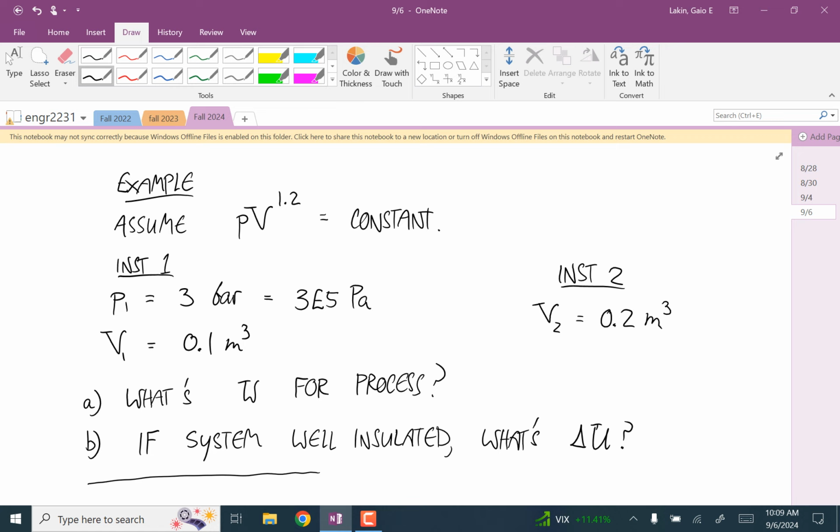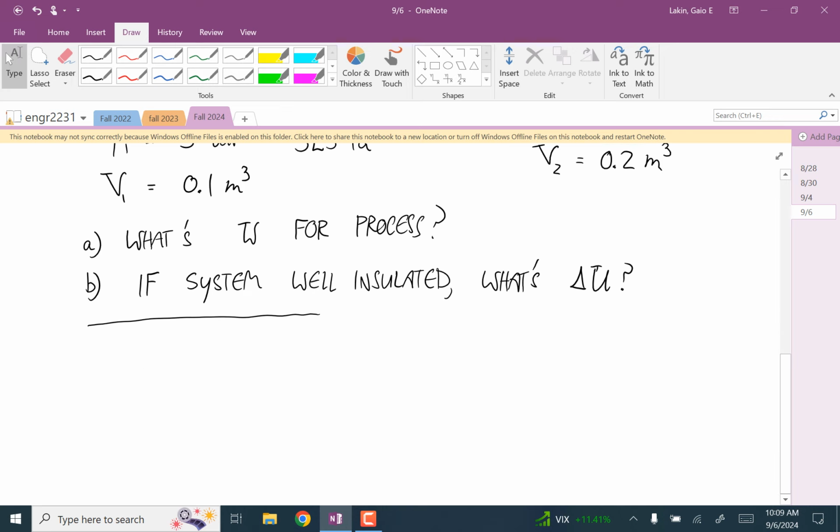Because they let you come up with pressure as a function of volume. Okay? And remember, that's the requirement for using that work integral. So remember, work is equal to the integral from volume 1 to volume 2 of P dV. So you can't do this if you don't have pressure as a function of volume. And that's what this gives you.